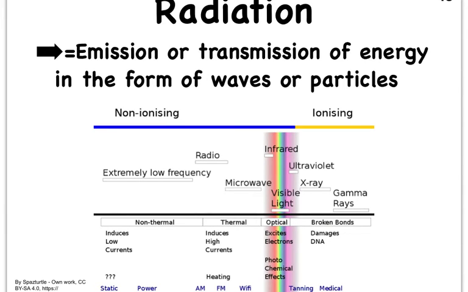But basically, when we get into the ionizing radiation zone, things are starting to become more threatening, despite the fact that we do take advantage of some of the benefits of ionizing radiation, as you know, because of some of the medical imaging that we do.